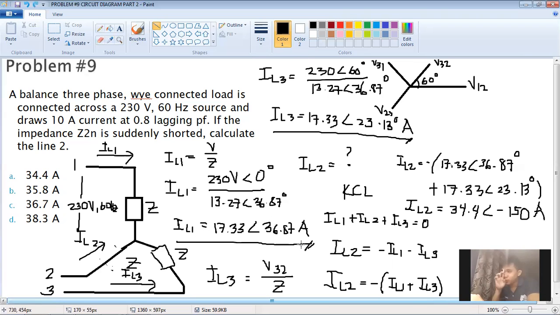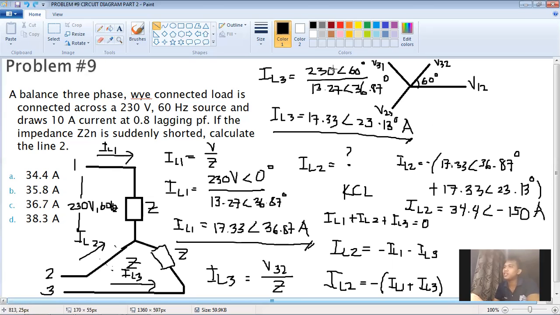Since we have IL1, we can also get IL3, or the current in line 3. We have the voltage of 230 volts and also the impedance, so we substitute for the voltage and the impedance. For the voltage V32, as you can see, this is V32. It's because Y can also be calculated using delta.